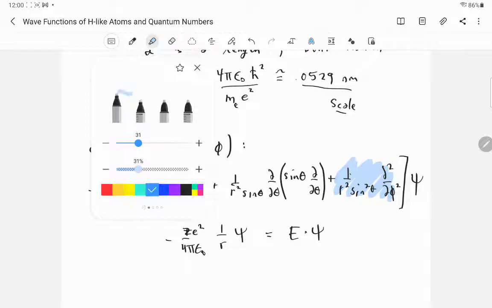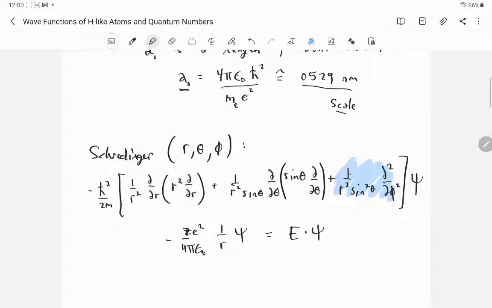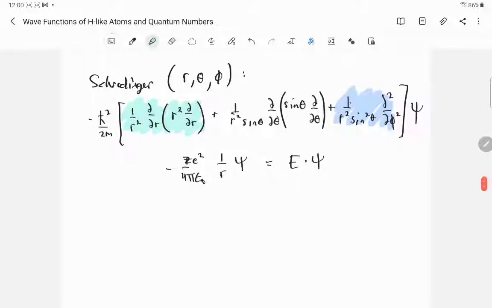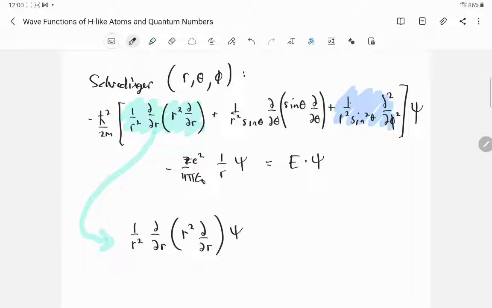But here's one that's slightly more complicated. For example, let's look at the r part of the Laplacian. So the way this works, 1 over r squared d by dr of r squared d by dr, this is operating on psi.